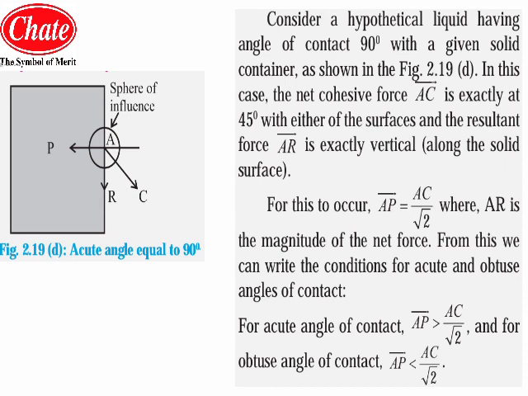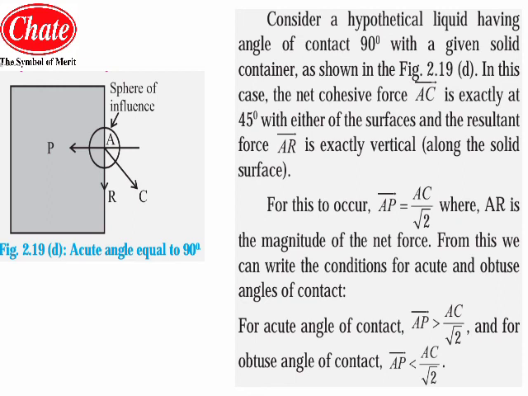In this case the net cohesive force AC bar, as you can see students, is exactly 45 degrees with either surface and the resultant force AR bar is exactly vertical. For this to occur, AP bar will be equal to AC upon root 2, where AR is the magnitude of the net force.